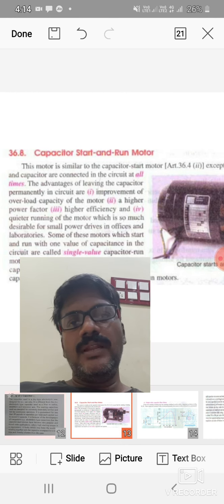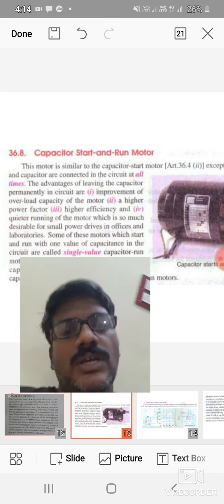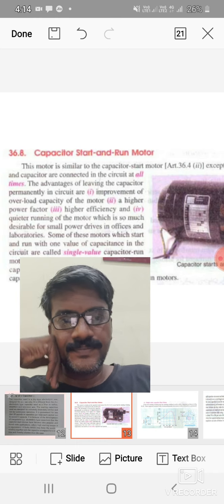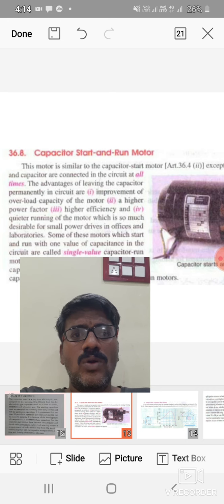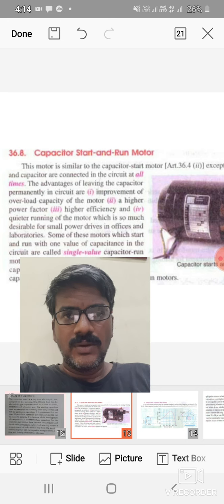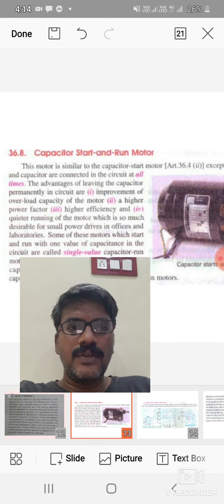The 4 advantages of the capacitor start and capacitor run motor are: improved overload capacity of the motor, higher power factor, and higher efficiency.